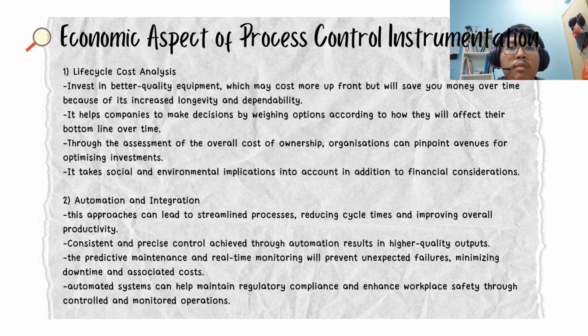Predictive maintenance and real-time monitoring will prevent unexpected failures, minimizing downtime and associated costs. The automated system can also help in maintaining regulatory compliance and enhance workplace safety through controlled and monitored operations.